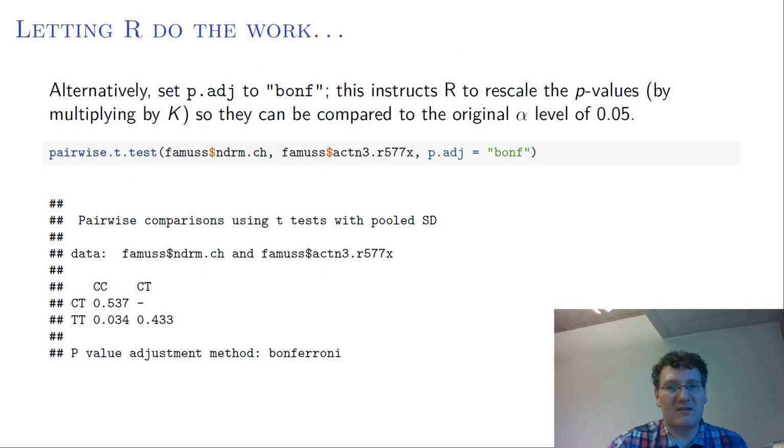So this is what I was just saying: if you put in a Bonferroni adjustment, what it actually does is multiply the calculated p-values by the Bonferroni adjustment so that you can then just compare them all to the 0.05. So R can do all of the work for you. That's really the moral here. I think that's all I want to cover in this lecture.